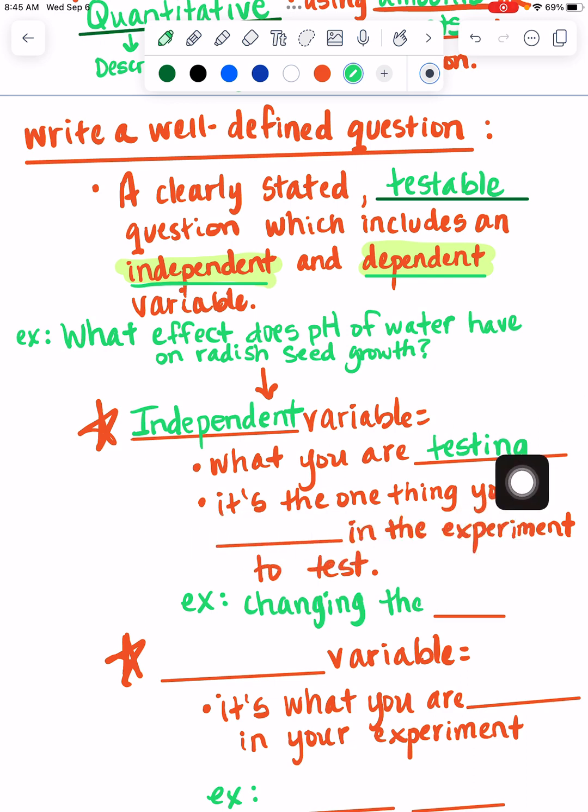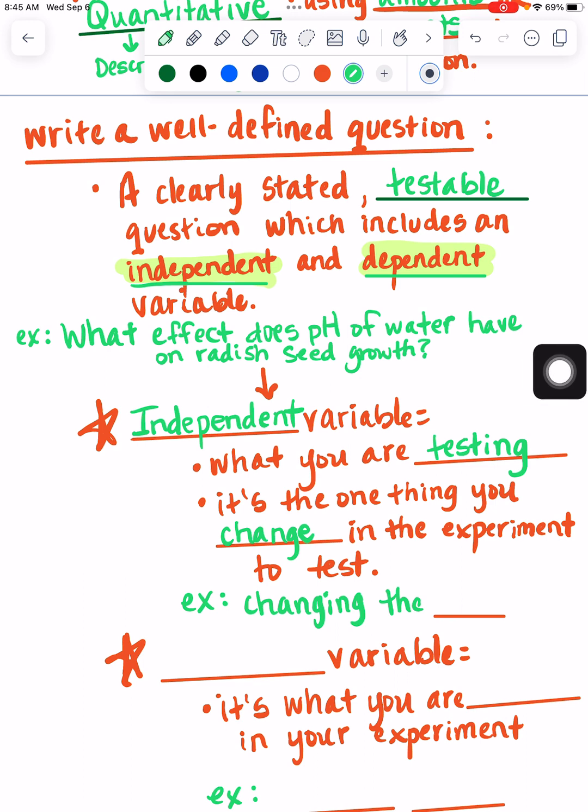Next bullet right here. It's the one thing you change in the experiment to test. So our independent variable, what would we be testing?